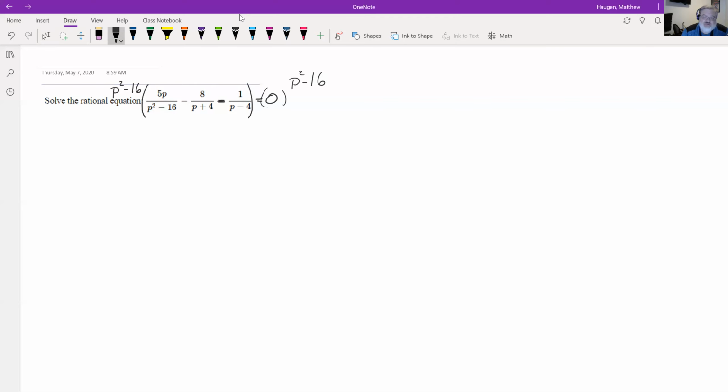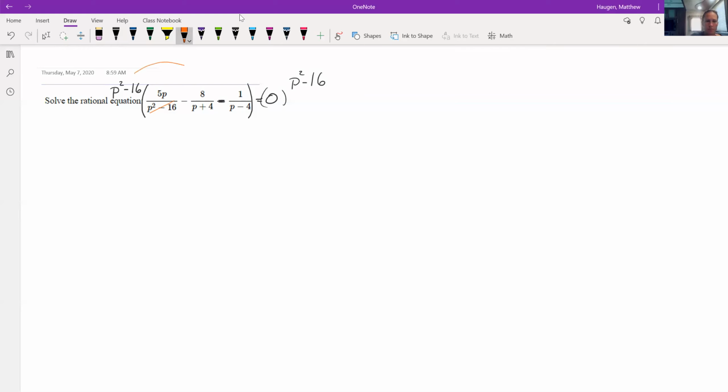And we could have done that before or after subtracting the 1 minus p over 4. So either order would have worked. Wait a second. Why are we doing that? I'm sorry. Well, I don't like the denominators. Okay. And if we multiply by p squared minus 16, that p squared minus 16 will cancel, right? Mm-hmm.